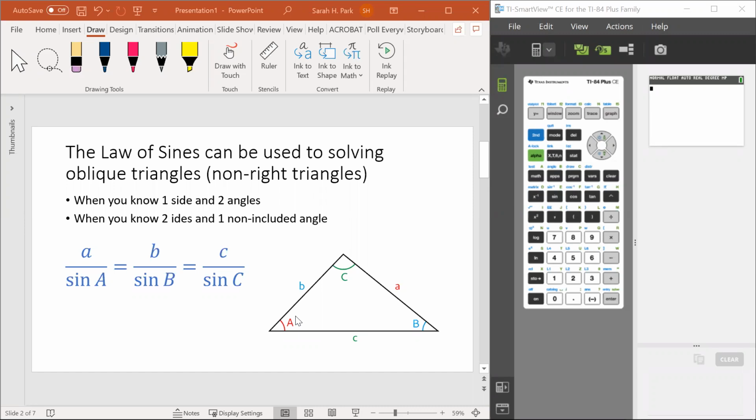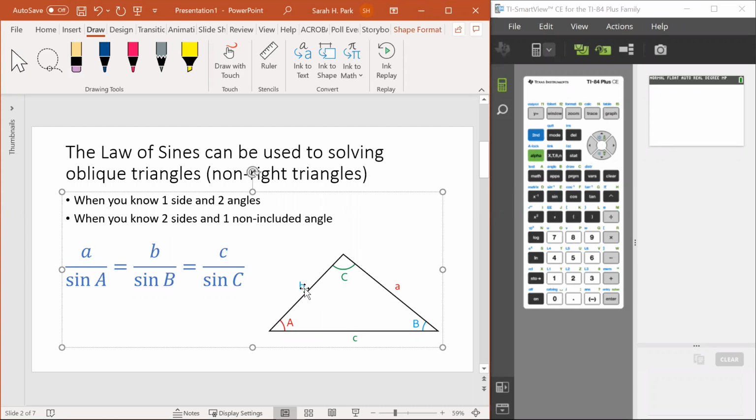So this formula, which we call the law of sines, can be used when you know one side and two angles, or oops, there's a typo here, when you know two sides and one non-included angle. A non-included angle means you have a side, but then you have another angle that's not between those two sides.